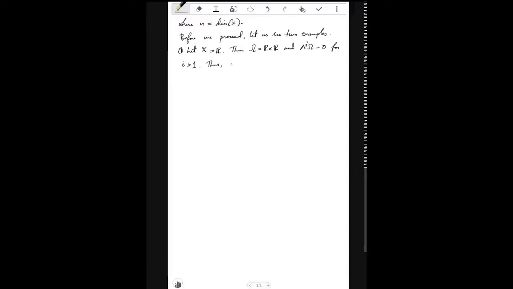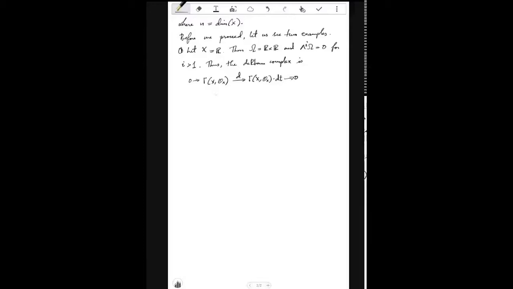Thus, the de Rham complex is 0 to functions of t to 0.